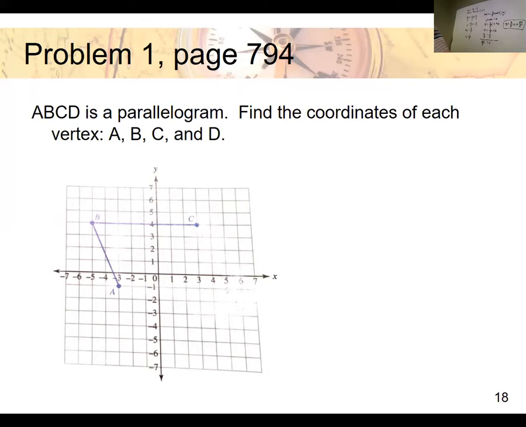And they ask you to find the coordinates of each vertex, A, B, C, and D. In this case here, there's a point down here.